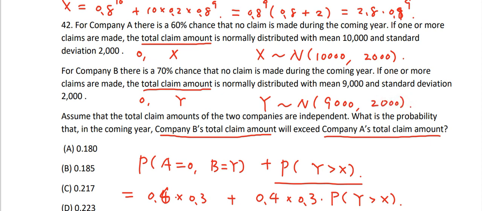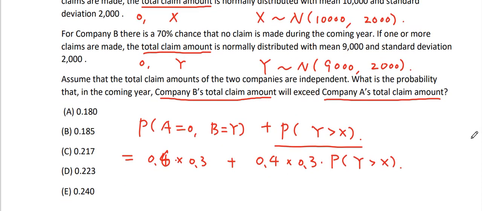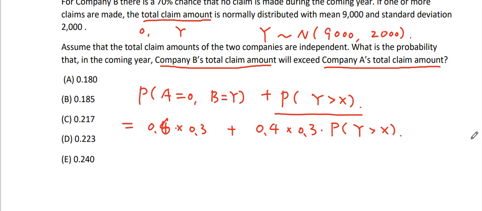Okay, so what is the probability for Y larger than X? So we just change this as this probability: Y minus X larger than 0, or X minus Y less than 0.